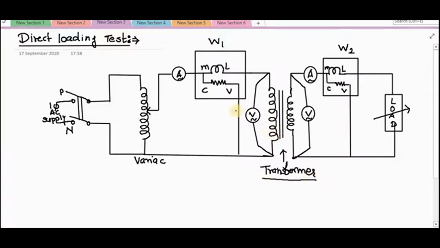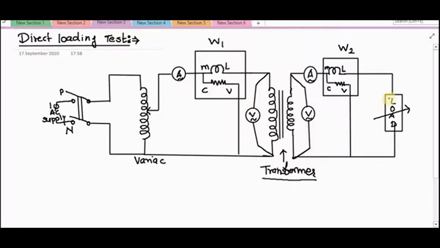The primary of this transformer is connected across an AC supply of the rated voltage. So I have written one single phase AC supply here. And this primary of the transformer is connected to the AC supply through instruments like ammeter, voltmeter and wattmeter.